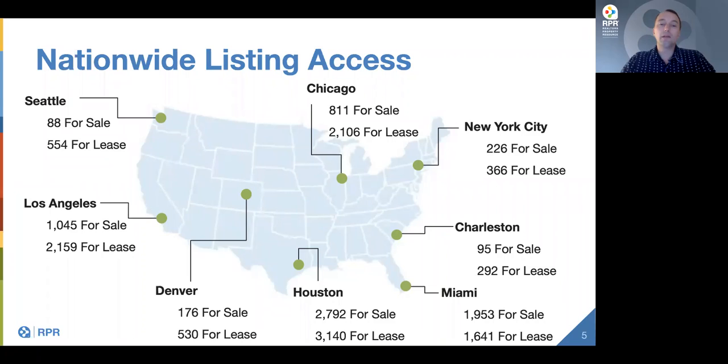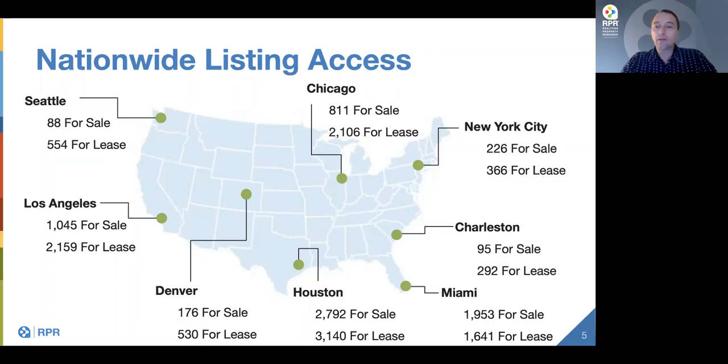And the goal really is to supplement your local MLS and your local CIE feeds with these national partnerships, hoping that we're able to capture some non-realtor listings in your market. And so what's kind of cool about RPR, you come into RPR, you do one search and you're searching against our public record database, your local MLS information, as well as all of those national feeds, in a one search type of process.